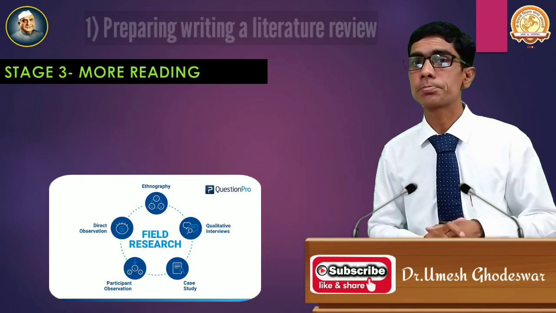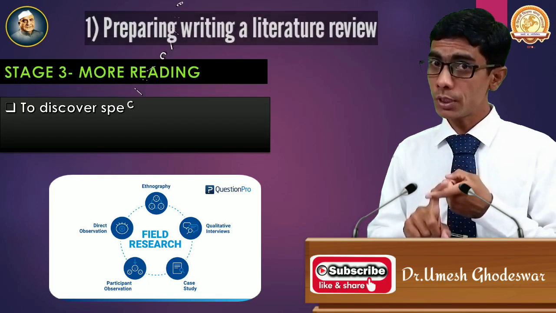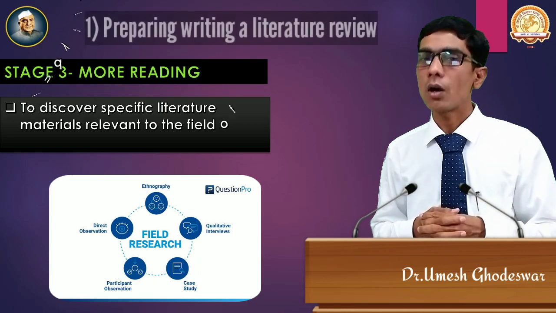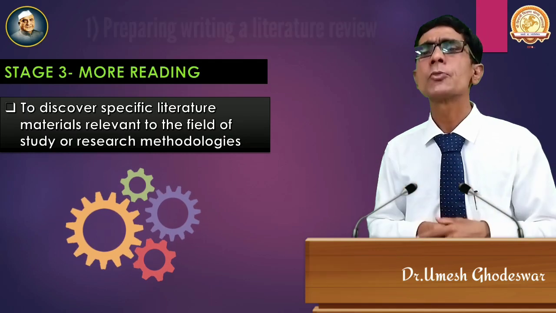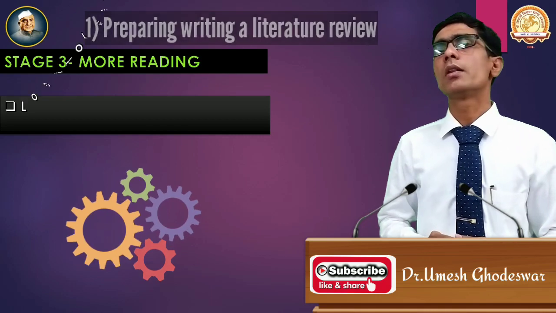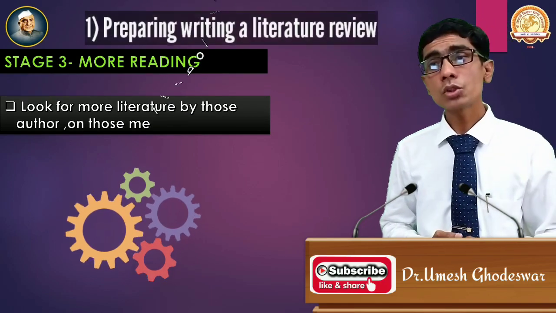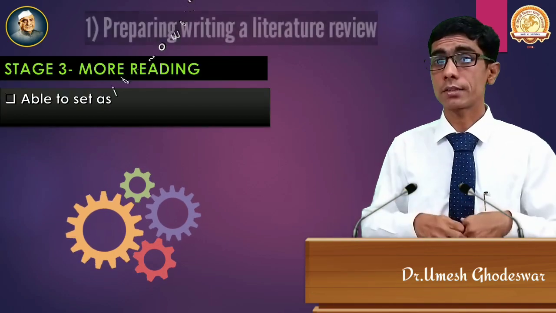At this stage, researchers try to discover specific literature and materials relevant to the field of study or research methodologies which are more relevant for their research. They look for more literature by those authors or on those methodologies.